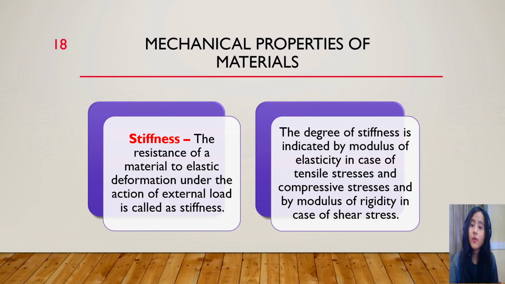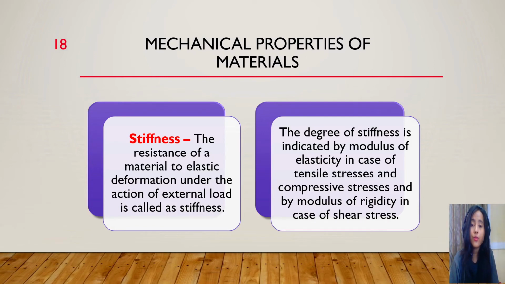The resistance of a material to elastic deformation under the action of external load is called stiffness, right? The degree of stiffness is indicated by modulus of elasticity in case of tensile and compressive stresses, and by modulus of rigidity in case of shear stresses.